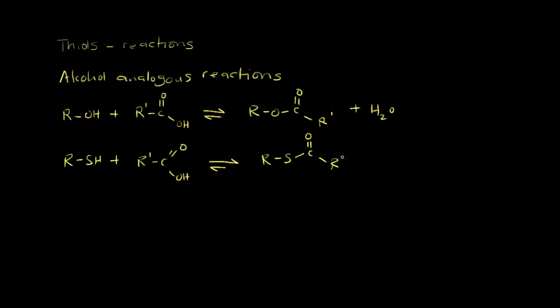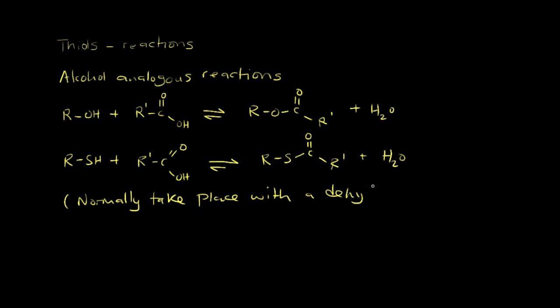Both chemistries take place better in the presence of dehydration conditions, and in modern chemistries often this type of coupling reaction between an acid and alcohol or a thiol takes place with a dehydrating coupling reagent.